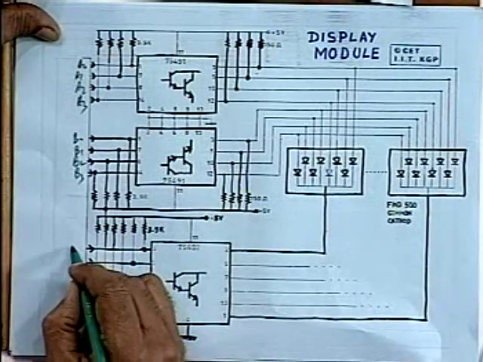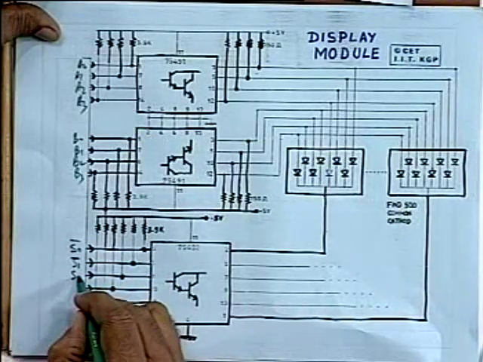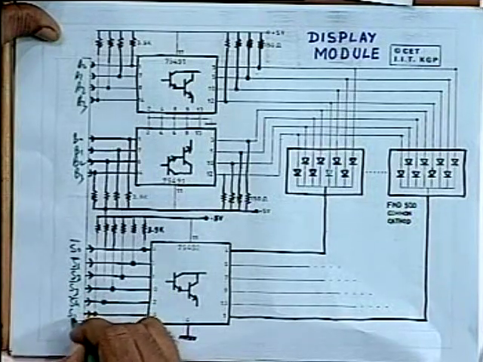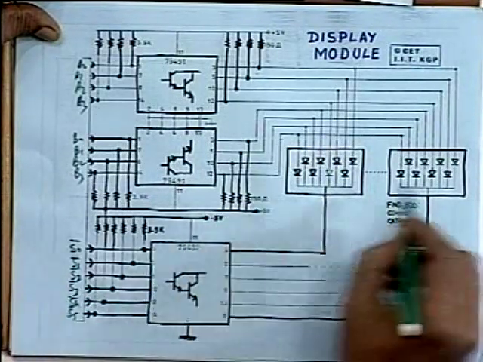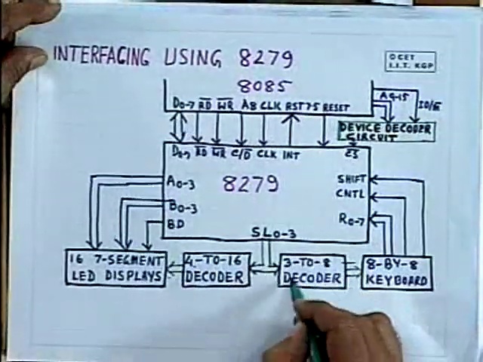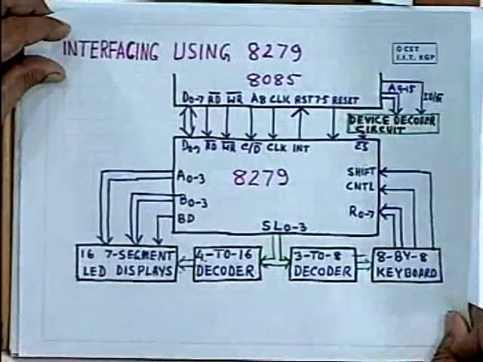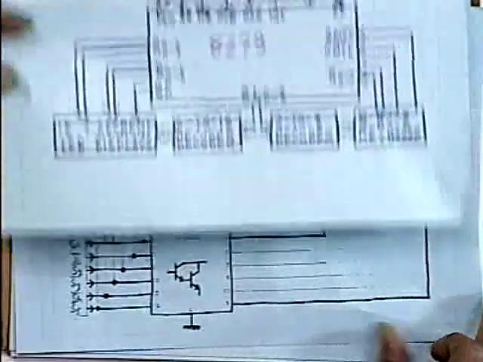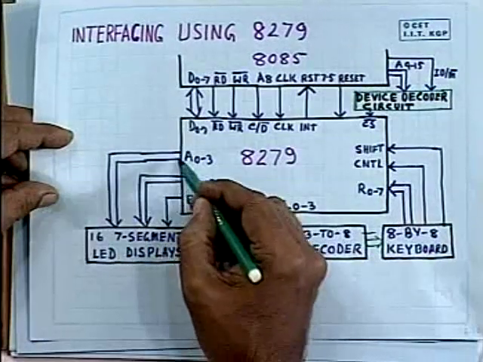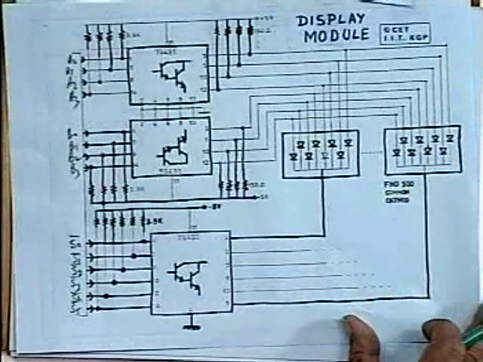That means here it will be S0, S1, low active, S2, S3, S4 and S5. So you have got 6 digits, so 6 outputs are sufficient, and that is why 3 to 8 decoder is necessary. Similarly, on the keyboard side you will require 5 lines coming out from this decoder, and to the LEDs these lines will come to the segment drivers.